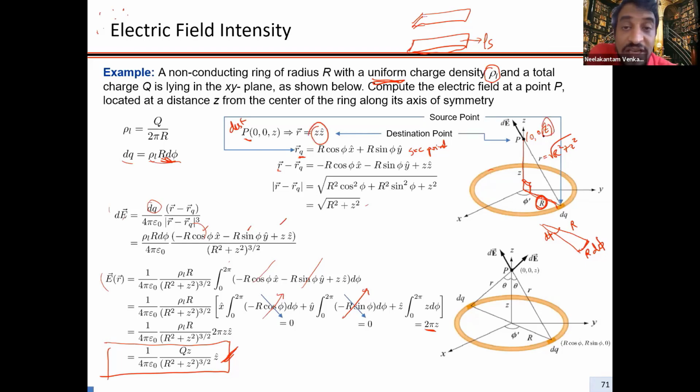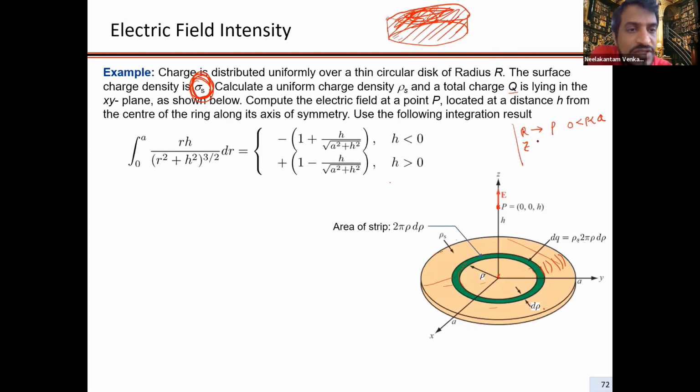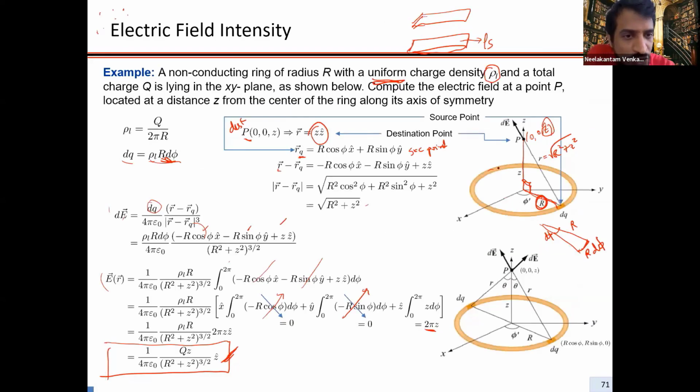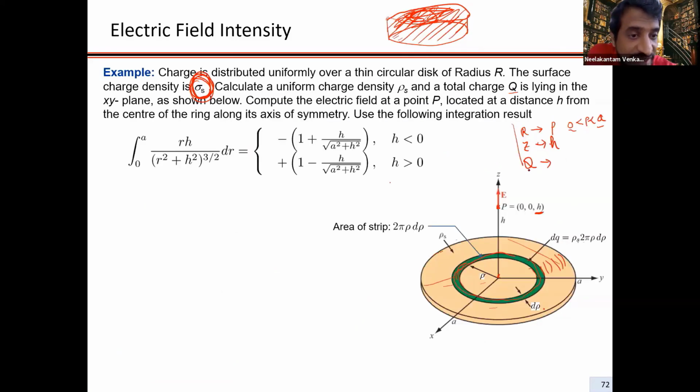So the Z is becoming H now, fixed as H. If I have a small little dq, in this case this dq is going to be the charge on this strip. So the total q that I previously had fully on that circle is now going to be the small little dq, which is rho s 2 pi rho d rho.